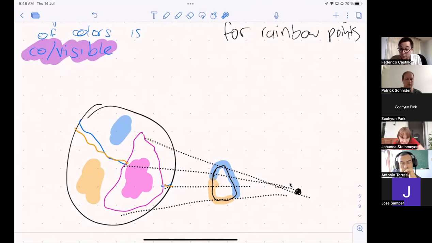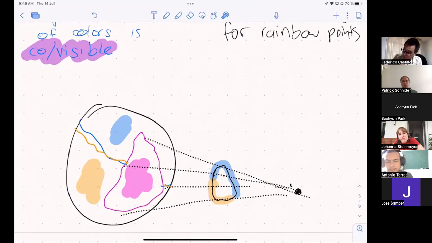In this way of doing induction, I can lower the dimension and forget about one of these colors, because this color now becomes the interior and I don't care. I only care about the boundary, and I'm looking for rainbow points in the boundary, which will correspond to the rainbow points in this thing. That's the $1 million idea. We do induction in the dual by taking one color because it is visible.